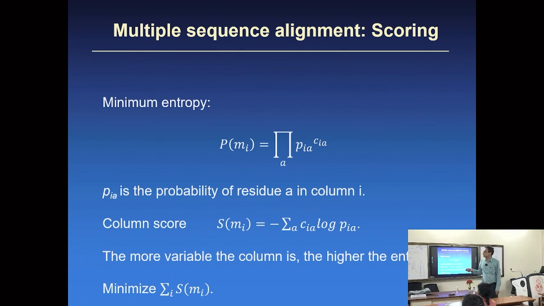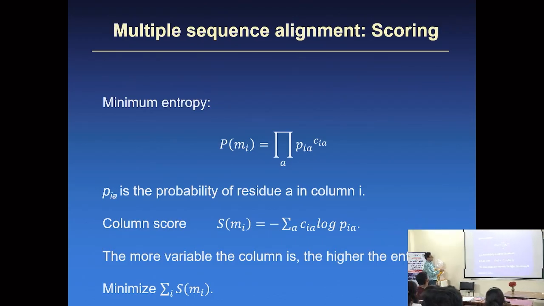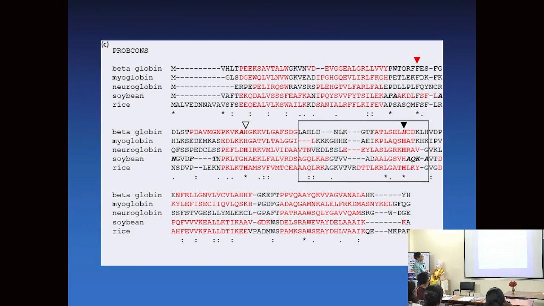Now take the logarithm of this. If you take the log, then the product becomes a sum, and the count comes out as count times log p. Let's look at a column, this one with the star: P, P, P, P, P. It is 100% conserved, so what is the probability of P? 1.